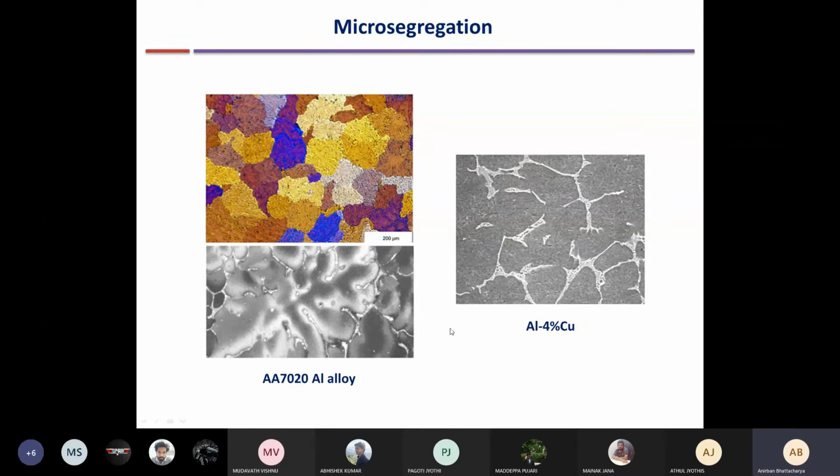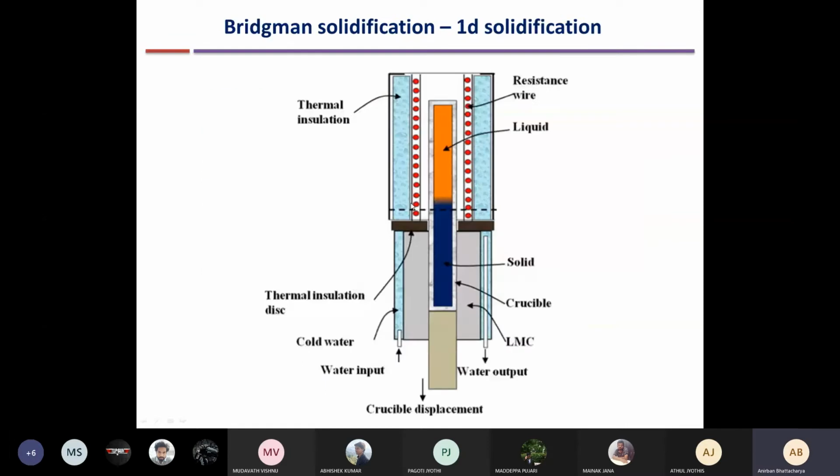SEM image. So now we will come to our present study. We are studying Bridgman solidification, which is one-dimensional solidification. And as I was saying, you have a mold which is held within a furnace. The furnace provides a very high temperature so that the liquid superalloy is in a liquid state.